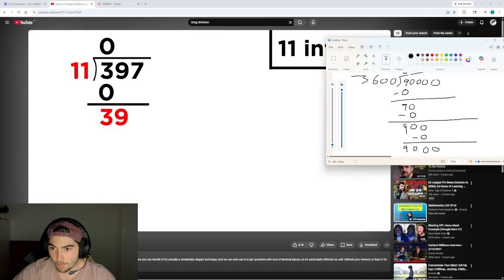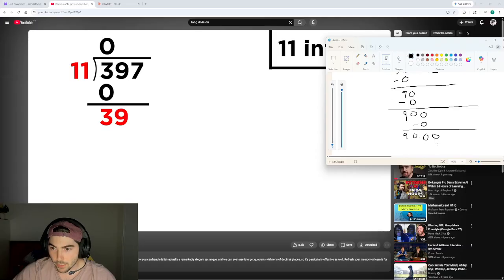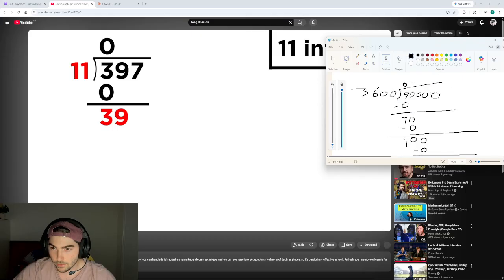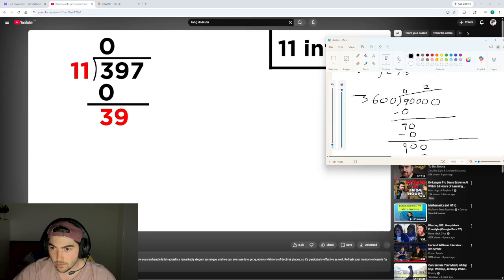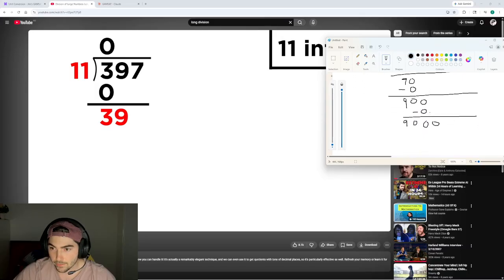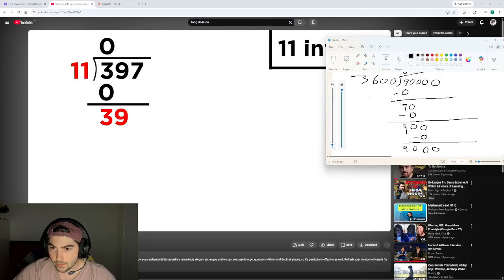It goes twice, so you add the 2 up the top. That 0 you have up there doesn't actually need to be there, but whatever. You would put 2 other zeros there. And then how many remainder?